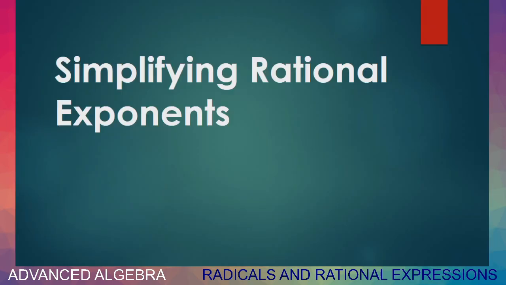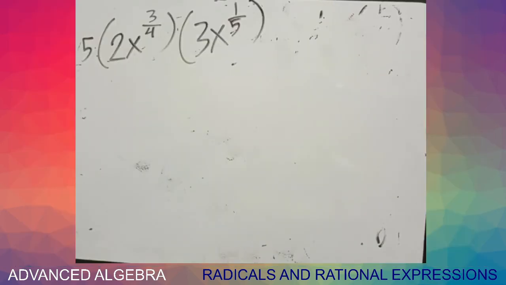Okay. So based doon sa na-discuss natin, magsisimplify naman tayo ng rational exponent. So, kumbaga kanina, nagko-convert lang tayo. Ngayon, magsisimplify naman tayo ng rational exponent. So, try nating sagutan. Okay. So, example.